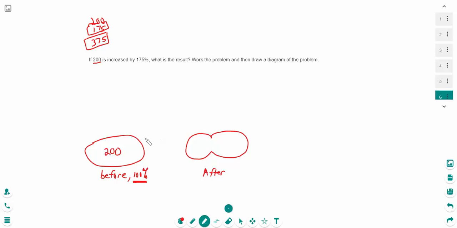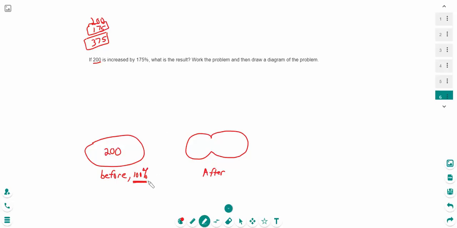So what we need to do is not add 175 to 200, but we need to add 175 to the percentage that represents 200. So 200 is our original full amount. That's our 100%.